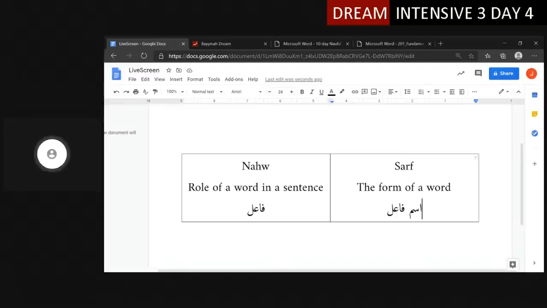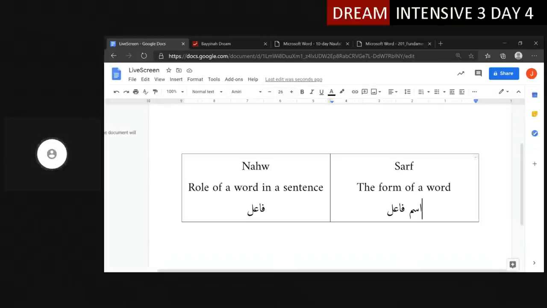It can be a present tense fi'l. That's its form. It can be a masdar. That's its form. It can be an ism fa'il. That's its form. It can be a commanding verb. That's its form. It can be a forbidding verb. That's its form, and so on. Right? These are all different forms of the verb. So ism fa'il is just another form.